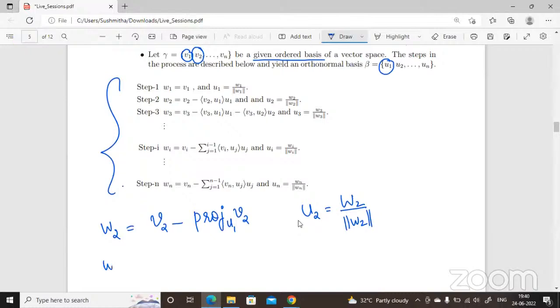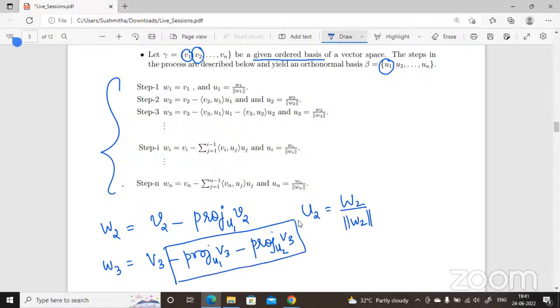For U3, you take the third vector V3 minus the projection of V3 on U1 minus the projection of V3 on U2. So this is basically projecting it onto the plane spanned by U1, U2.